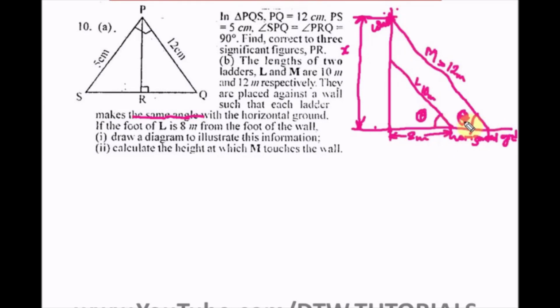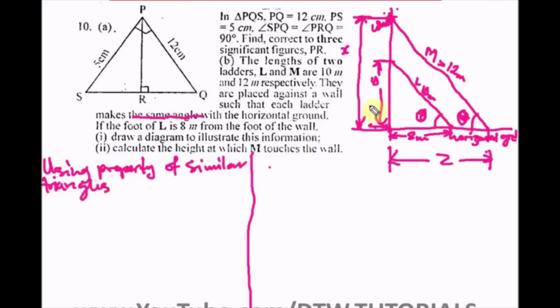So these are similar triangles. Using the properties of similar triangles, this side of the smaller triangle, from here to here, let's call it y, and from here to this last point, for the bigger triangle, let's call it z.